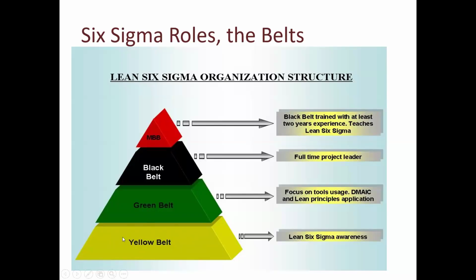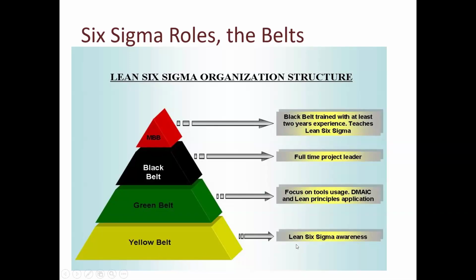And the base, as you can see in any pyramid, reflects that I should have a lot of yellow belts, because I need to spread the knowledge of Lean Six Sigma. For the green belt, the next step, the number should be a little bit lower, black belt lower and lower, and master black belt, as I said, could be one, could be more, could be none.